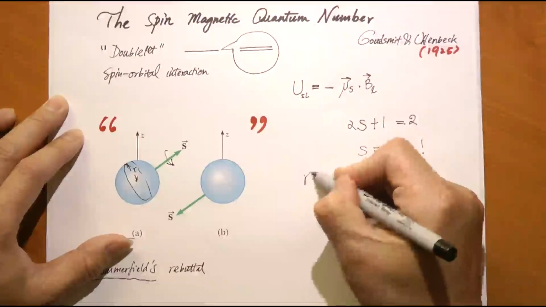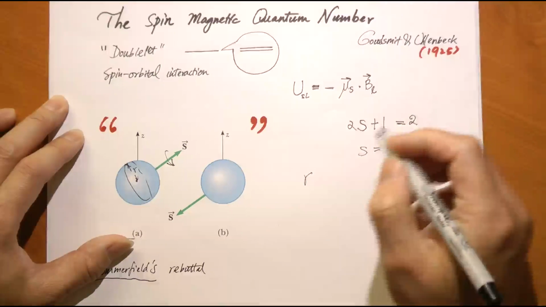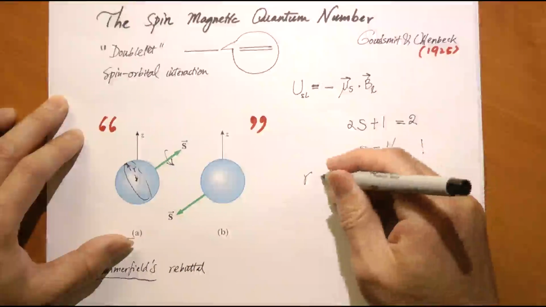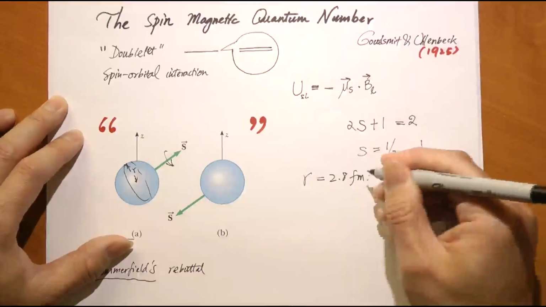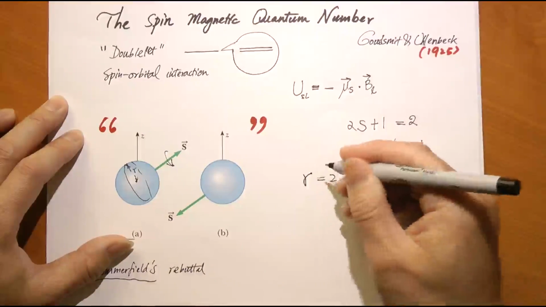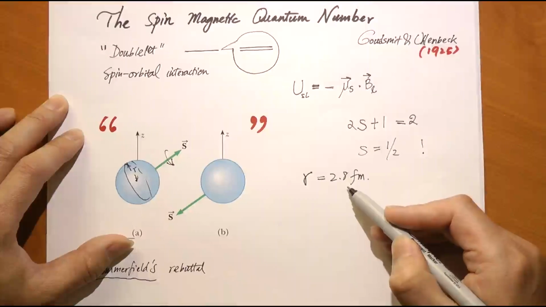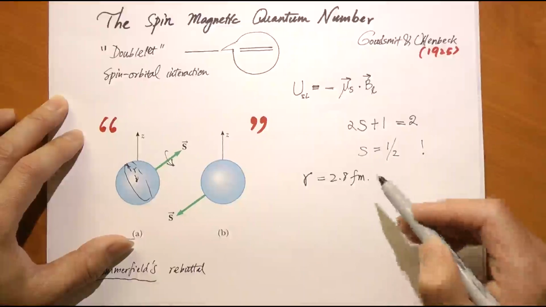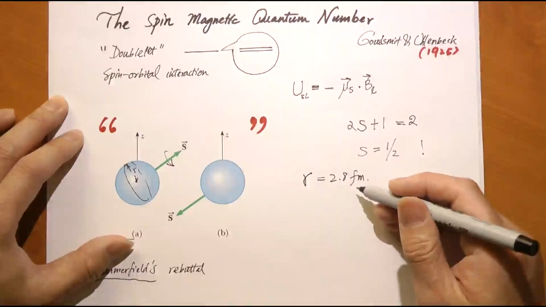Sommerfeld says r is the so-called classical radius of the electron. Don't mind where it comes from, but I can tell you, it is 2.8 Fermi. Okay, so according to classical understanding of the electron, it's a ball with a 2.8 Fermi radius. Today we know this is wrong, but in Sommerfeld's time, that was agreed upon.